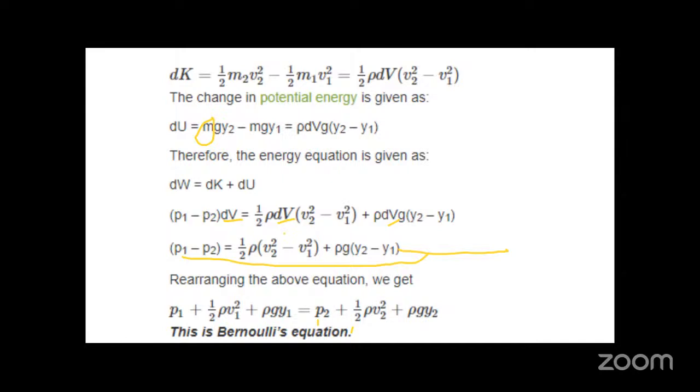So this equation is called Bernoulli's equation.